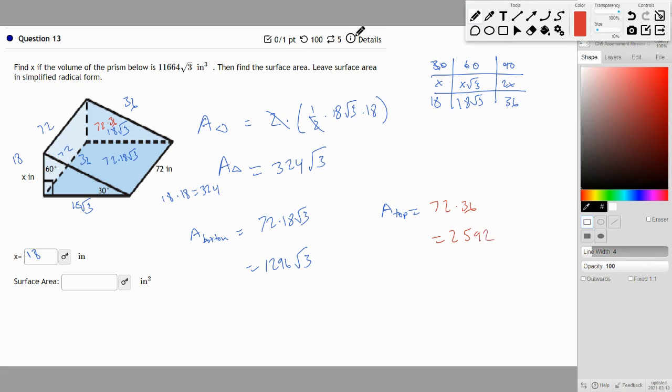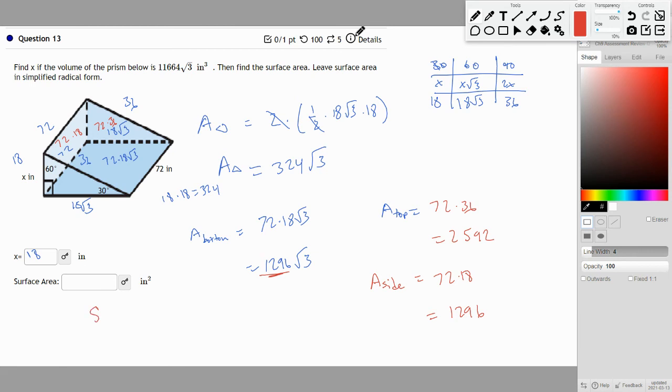And then the last one is the side here. We have 72 times 18. So area of side, I'll keep this in red, is going to be 72 times 18, which we already found earlier was 1,296. So in total, we have to add all these up together.